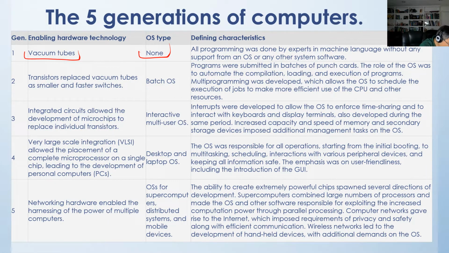Then, using transistors, the computer size was reduced. So people started to store some of the software in the limited storage created by the transistors. At the time, the operating system used was called a batch operating system. The operating system is more like an organizer.